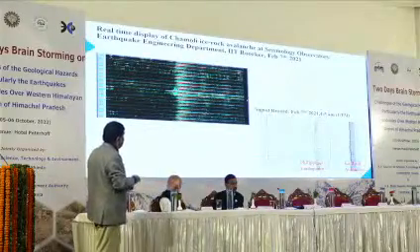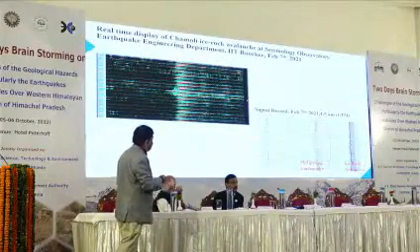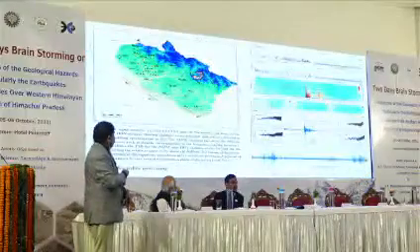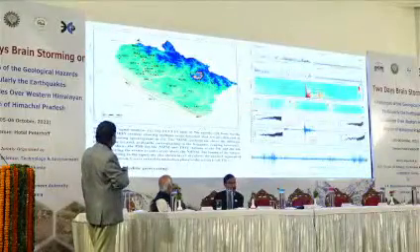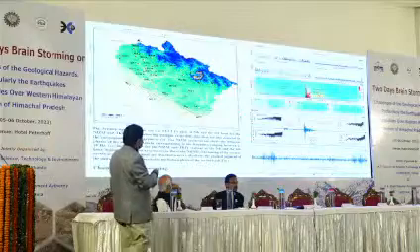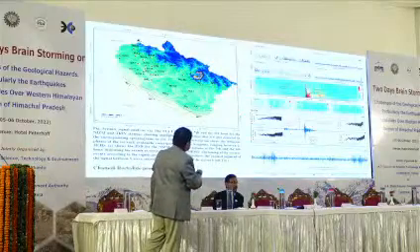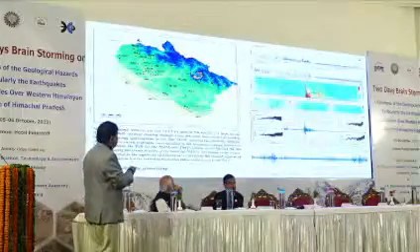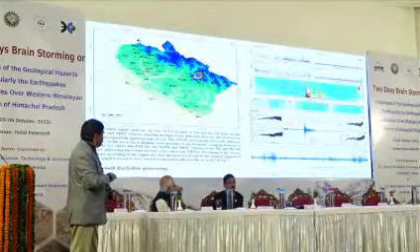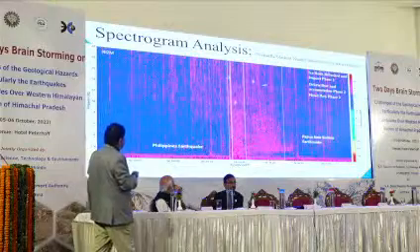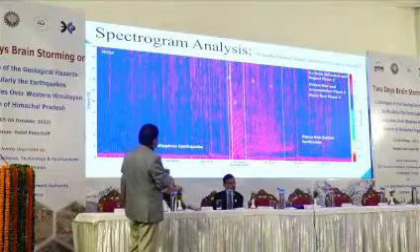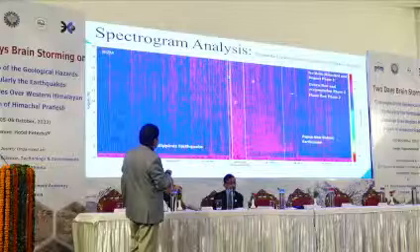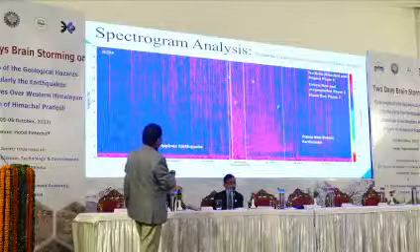This is the ice rock avalanche which was recorded. At the Nishmola station, if you can see this, the time-frequency analysis has given us the information about this. You can see phase 1, which was the impact phase, then debris flow and accumulation, and then the flood phase.